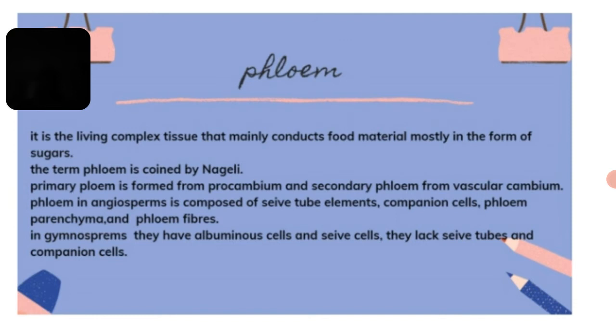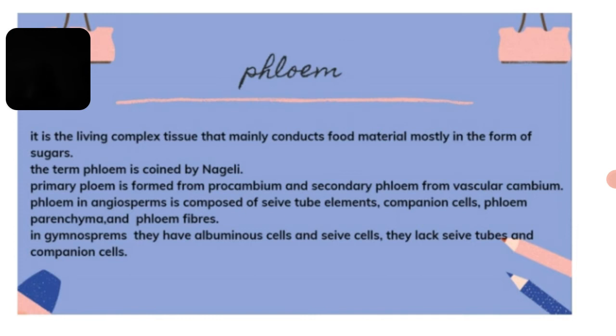So remember here, in angiosperms the phloem contains four components: the companion cells, phloem parenchyma, phloem fibers and sieve tubes, whereas in gymnosperms it has only two types of cells, the albuminous cells and sieve cells. They lack the sieve tubes and companion cells, remember.